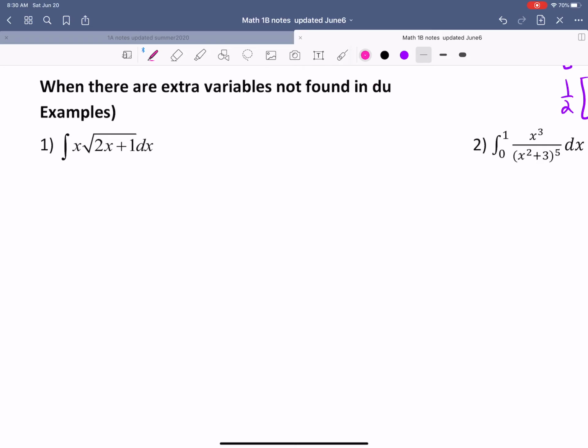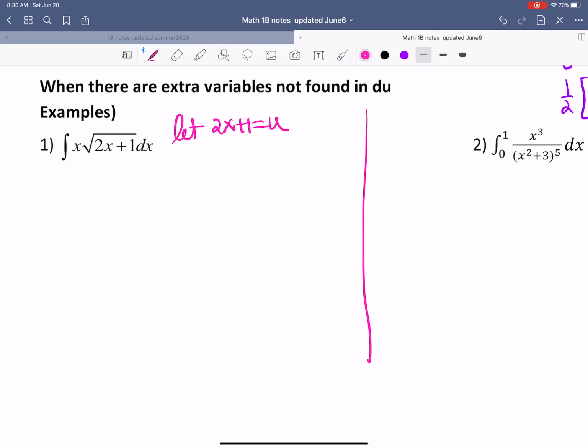All right, here the extra variable is not found in the u that you call. So we have to manipulate a little bit more. Let's go ahead and I'm going to let 2x plus 1 be the u.